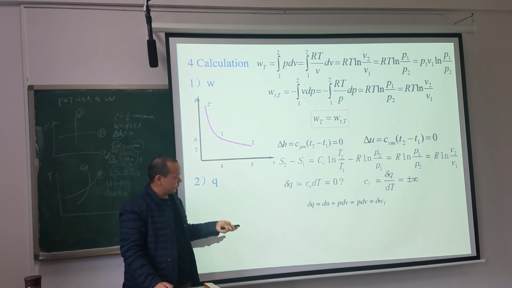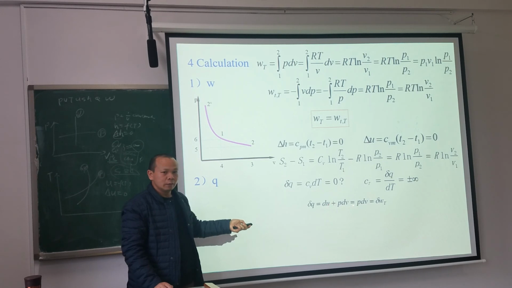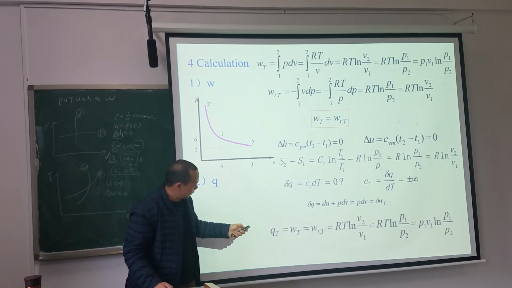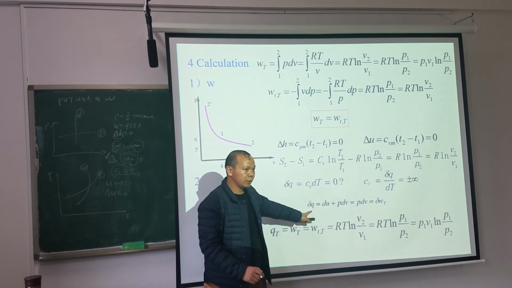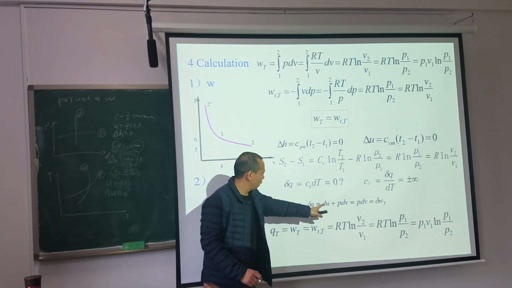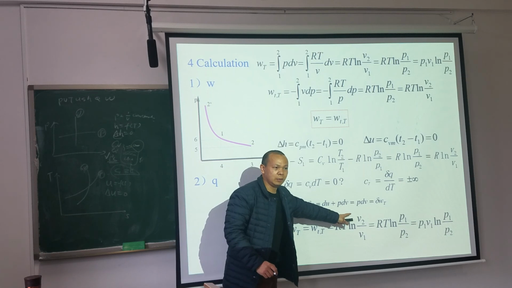We have found delta Q is equal to delta W, because dU is equal to 0, and P dv is equal to delta W. Also, we can use another equation: delta Q is equal to dH plus delta WT.